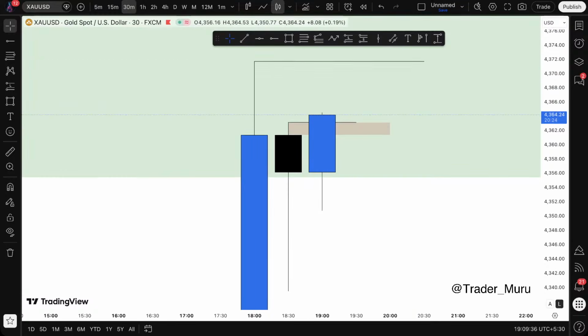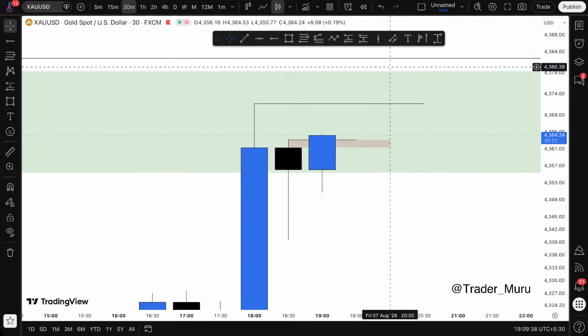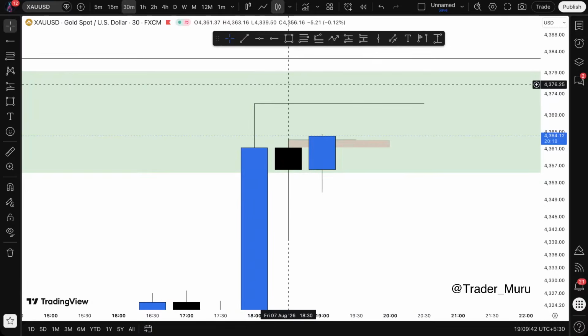High probability we get a sweep and test of 82. That will be the high probability trade.